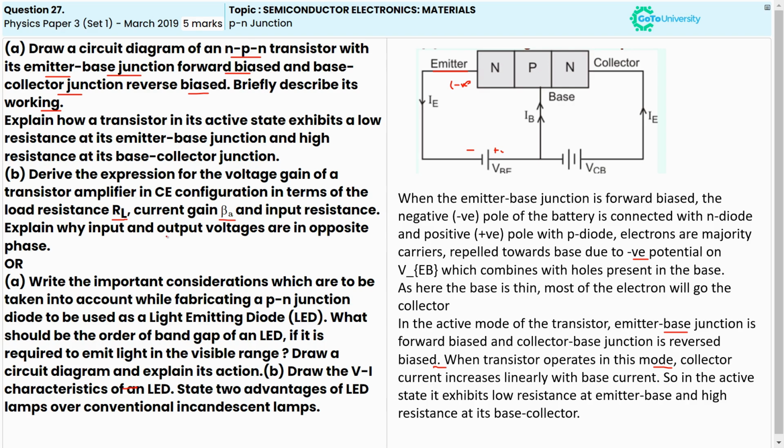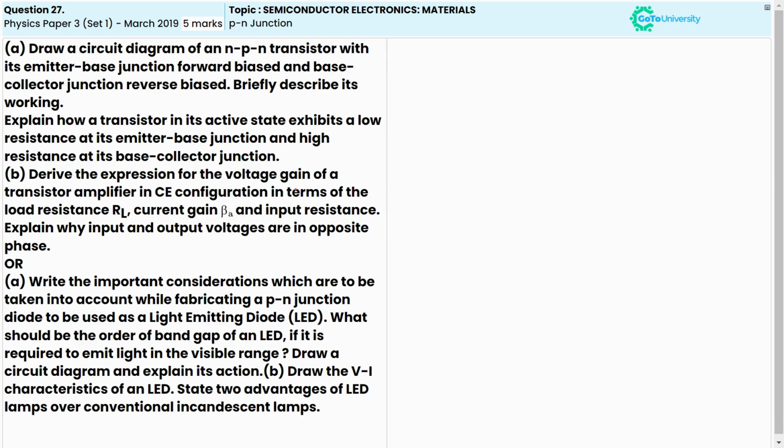Explain why input and output voltages are in opposite phase. Okay, we'll see by applying Kirchhoff's loop rule to the input loop. We have this circuit with the capacitor and the resistance, and it is connected to the RL, and the capacitor 2 is also there in this circuit diagram.